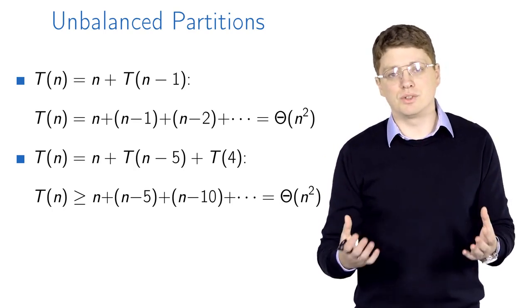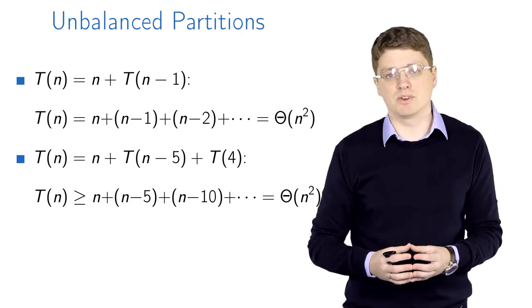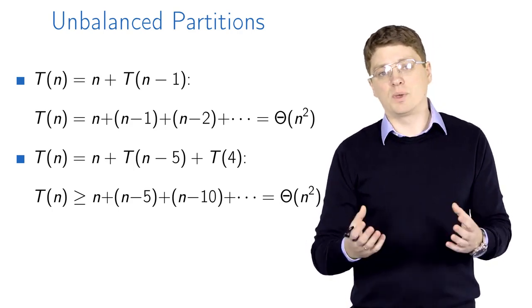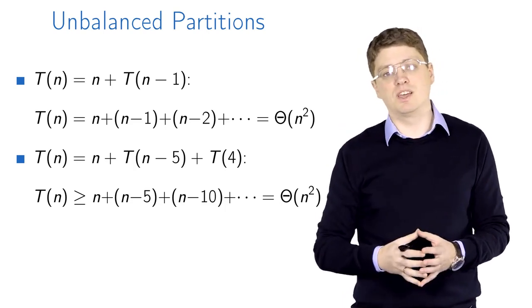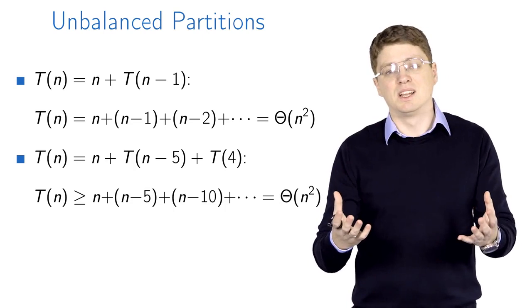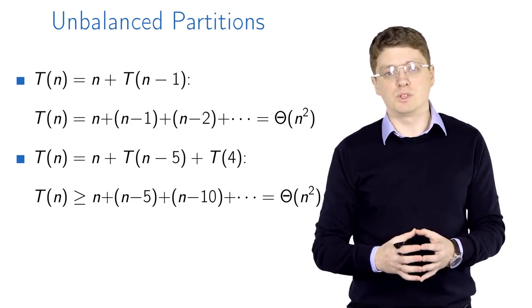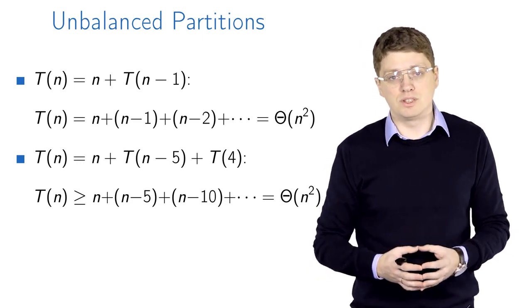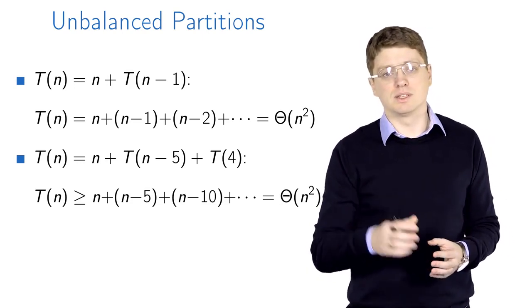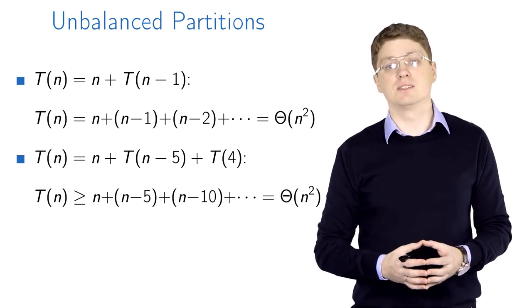And this is also an arithmetic progression. The only difference from the previous arithmetic progression is that now we have step 5. The difference between neighbors is 5 but not 1. Still, this arithmetic progression has a linear number of terms, which means that its sum grows quadratically, with the only difference that the hidden constant inside this theta is smaller than in the previous case.